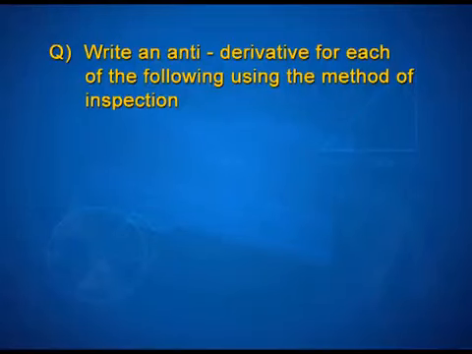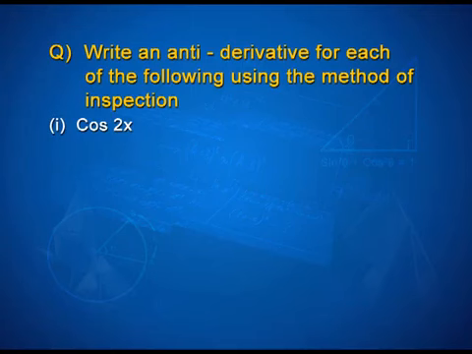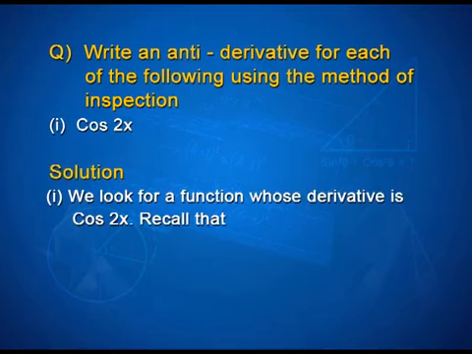We illustrate it through some examples. Write an antiderivative for each of the following using the method of inspection. First, cos 2x. For cos 2x, we look for the function whose derivative is cos 2x.